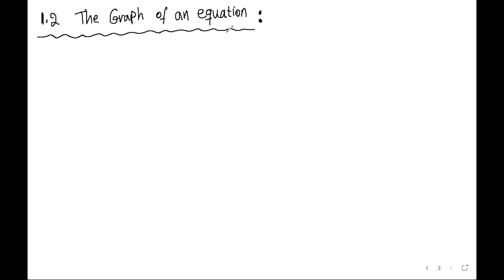So in this section, we have to learn how to graph any equation by using the plotting point. First of all, let me define what is the meaning of a graph of an equation. It is a curve made by plotting as many points as we can.